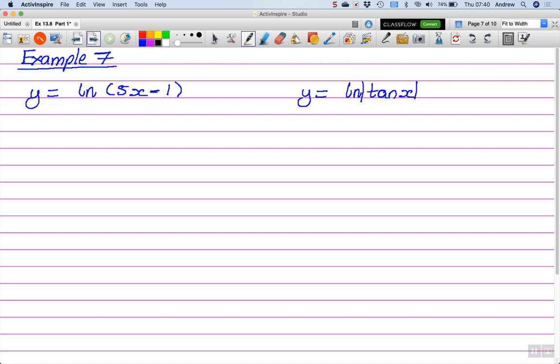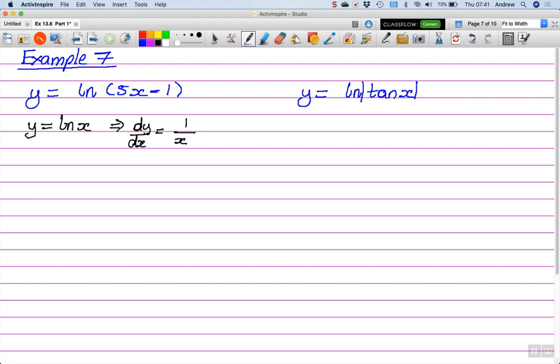Log functions. All right. So go to the formula book, and what we have is if y is equal to log x, this is from the formula and tables book, then that implies, according to the formula and tables book, that dy dx is equal to 1 over x.